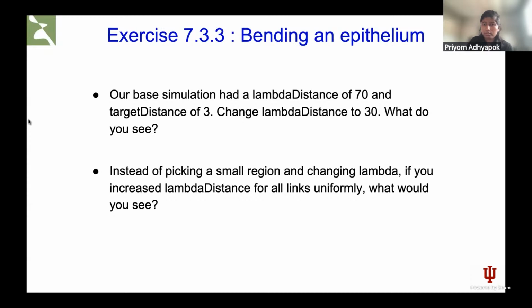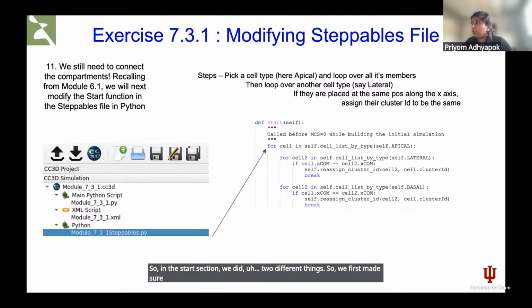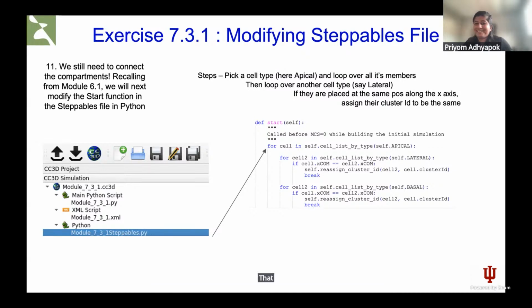Okay, so there is a request to go back to the code in the start section. So I'm going to do that right now. In the start section, we did two different things. We first made sure that the compartment cells know that they are part of a bigger cell body.